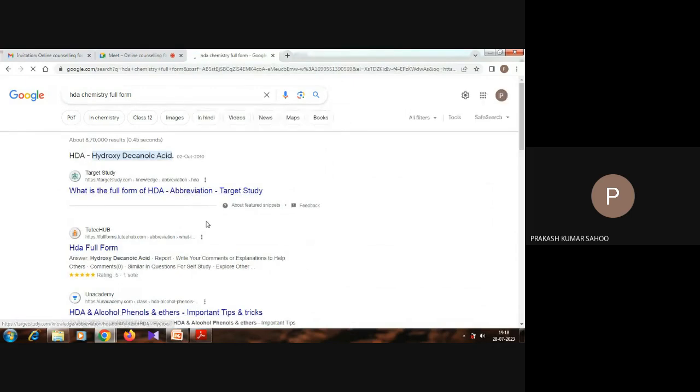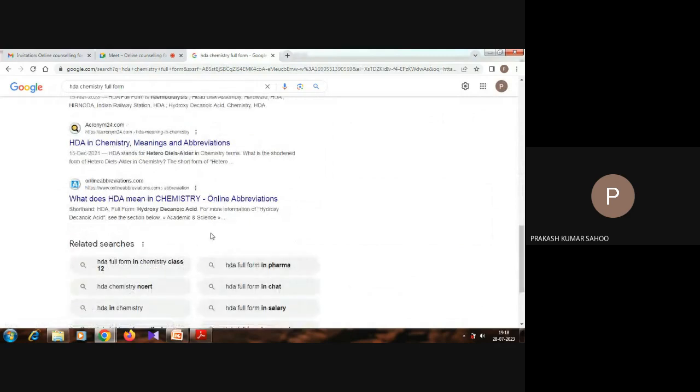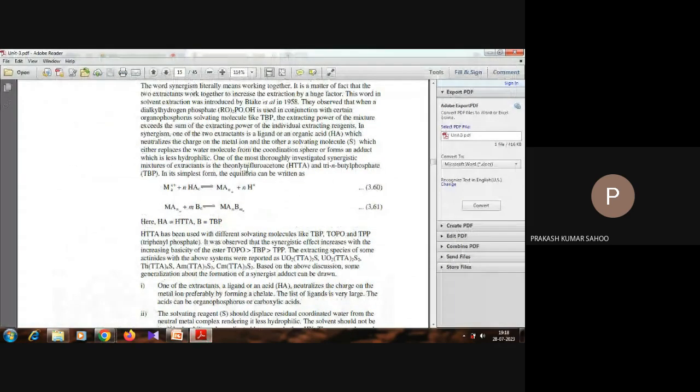Yes, this is, okay. I think one I is not here, so that's why this is thenoyltrifluoroacetone. Okay, this is HTTA.